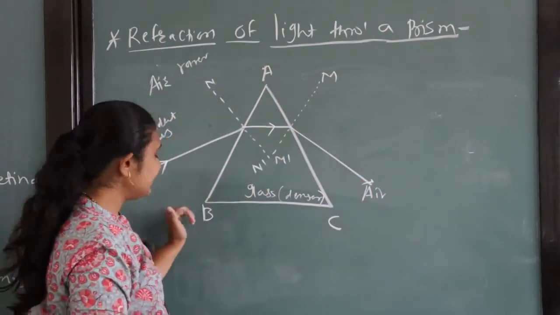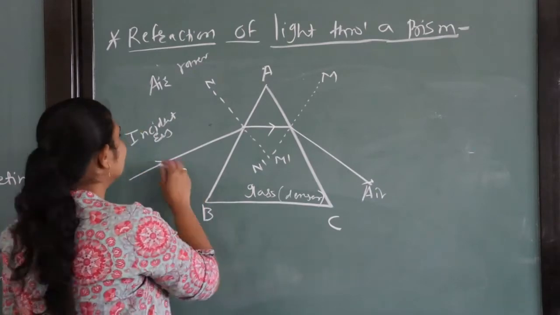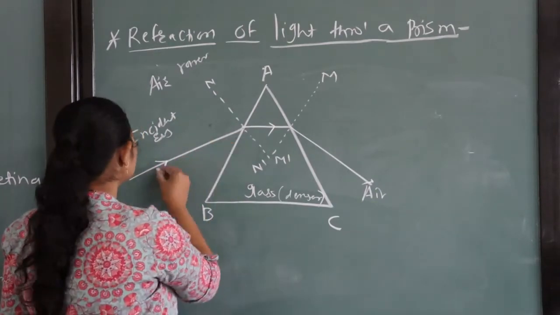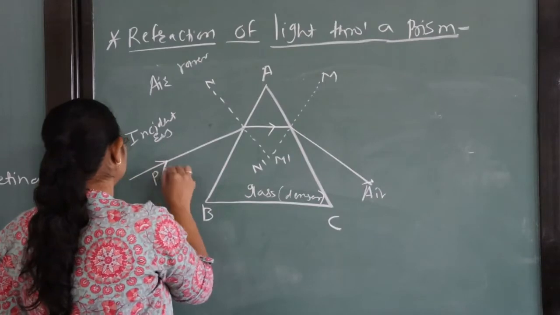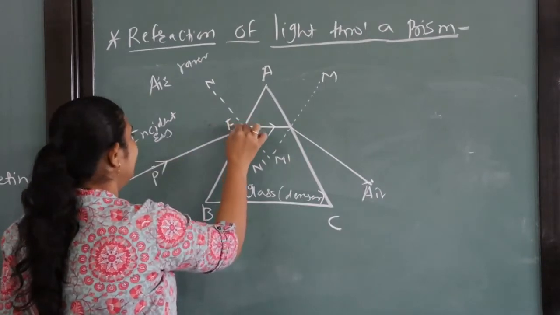Now at the surface AB, we denote the incident ray by PE.